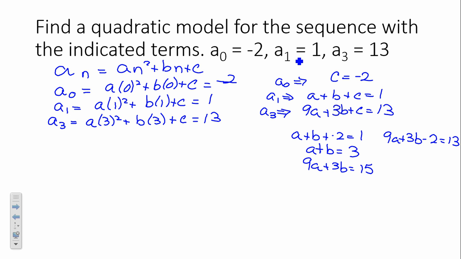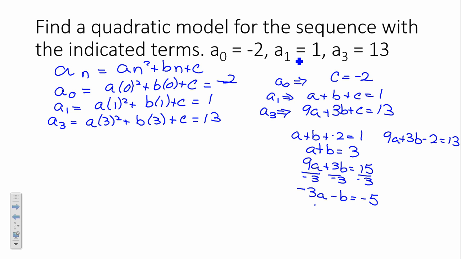We could simplify that. I would recommend, since they all have a 3 in common, dividing by 3. In fact, let's divide it by -3, then we can add the two together. So if I divide everybody by -3, the greatest common factor, we'll have -3a minus b equals -5.